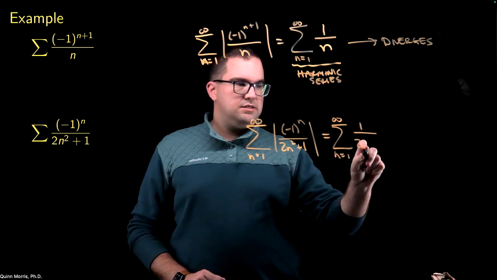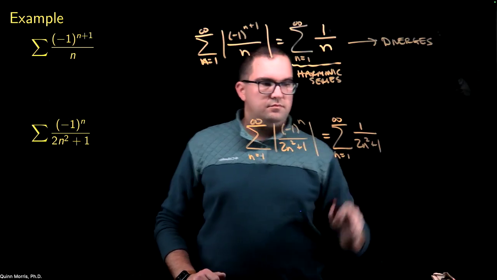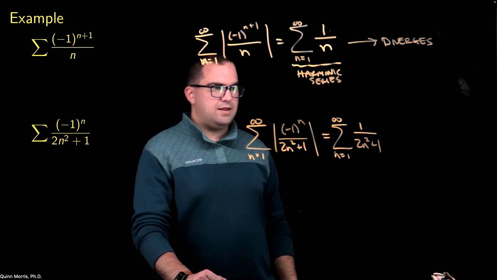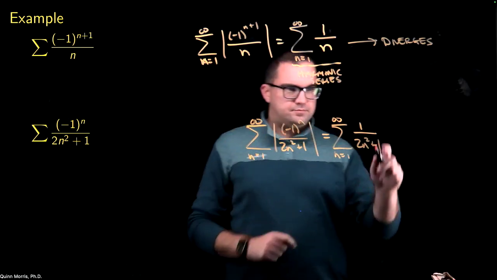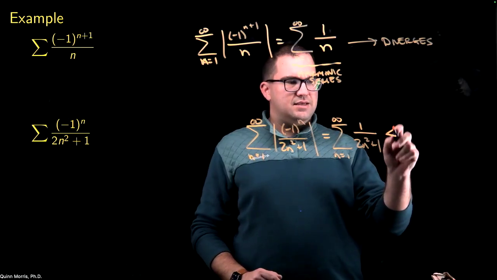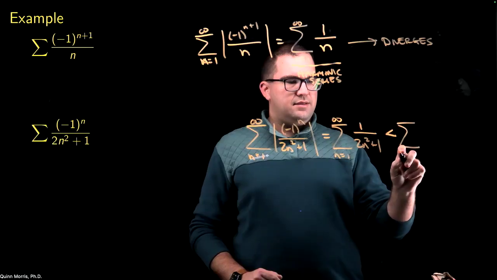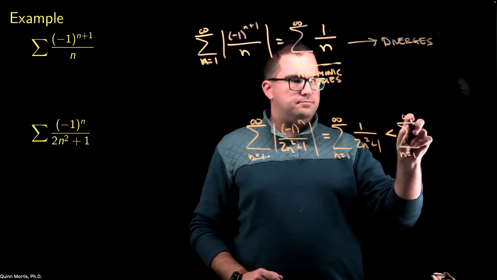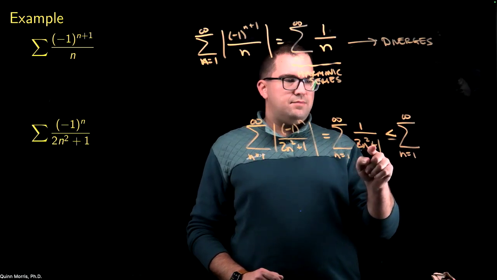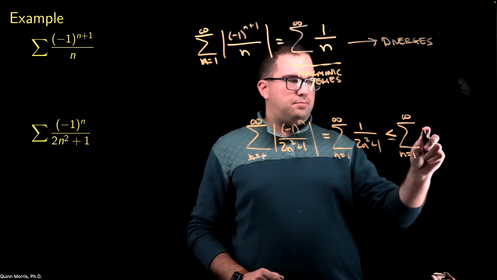This is always going to be positive. Now, immediately, I might not know what happens here, but I can make this larger by making the denominator smaller. So one way I can make the denominator smaller is to get rid of that plus 1.